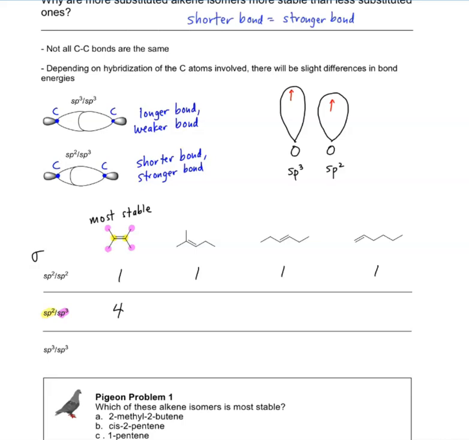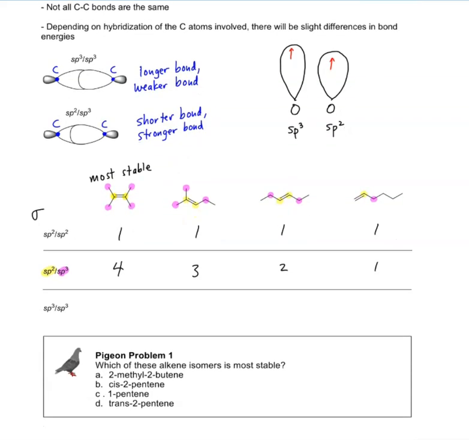So the tetrasubstituted alkene has 4 of those bonds. The trisubstituted has only 3. Using one of the disubstituted alkenes as an example, the disubstituted has only 2, and finally the monosubstituted has only 1 of those sp2, sp3 carbon-carbon sigma bonds.